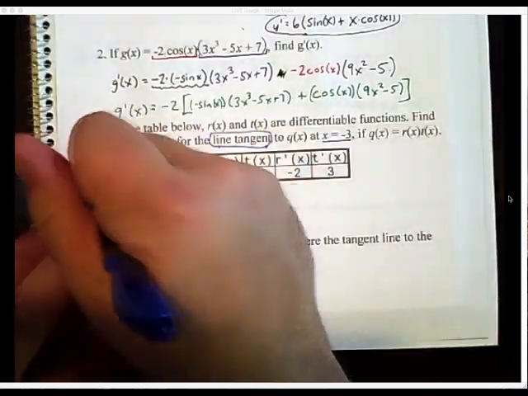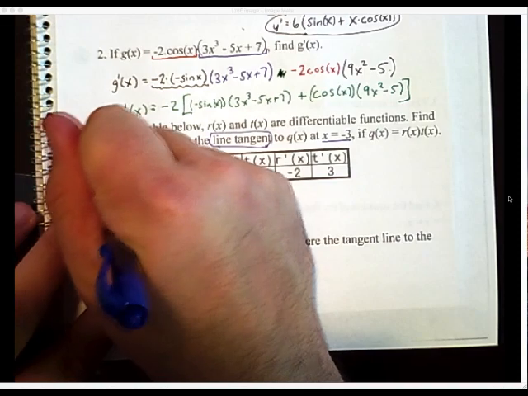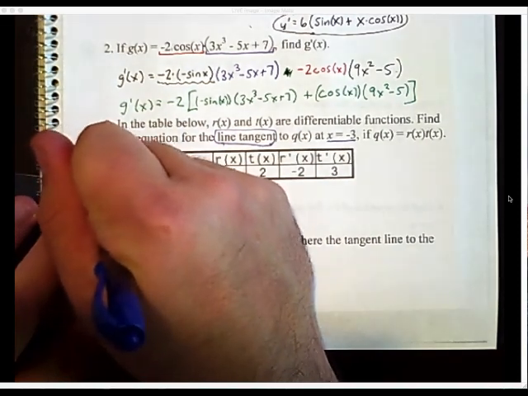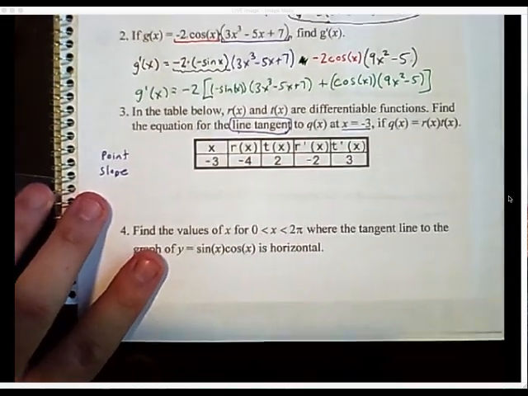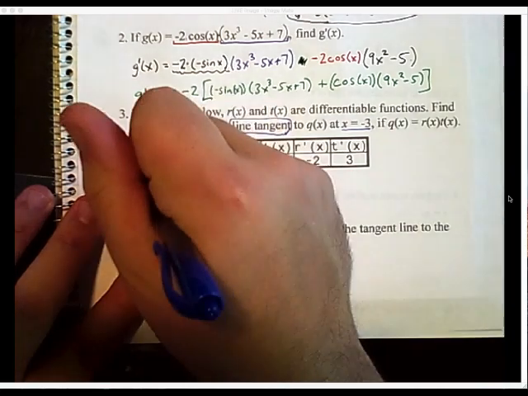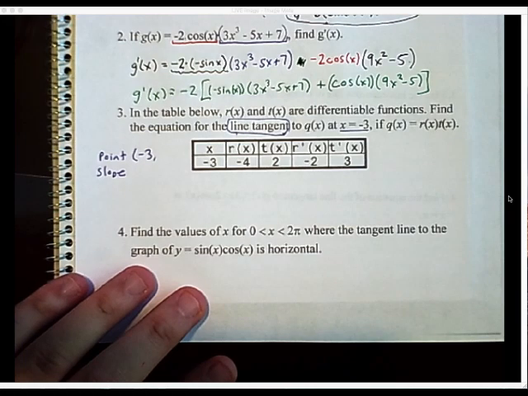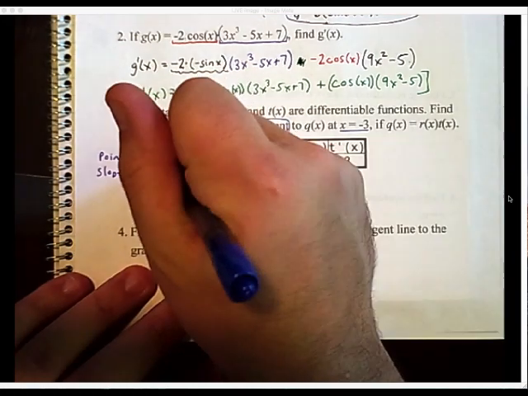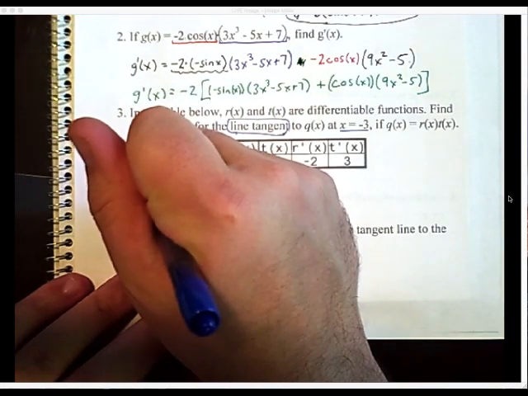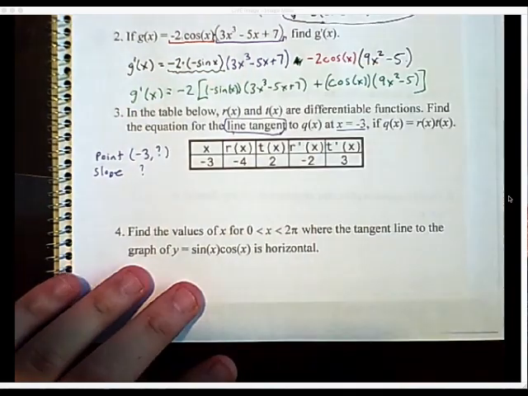So what do we need for the equation of any line? We need a point and we need a slope. So the x value of the point is -3. What I'm still missing is the y value and the slope.